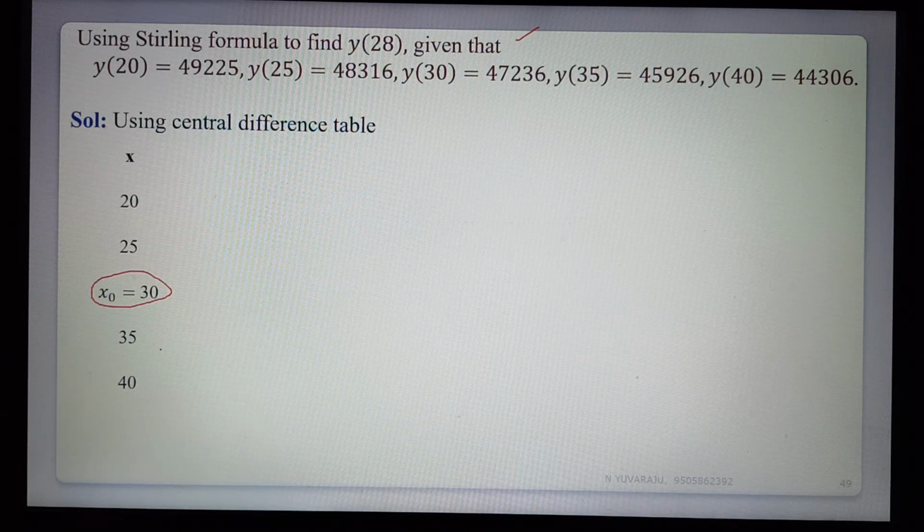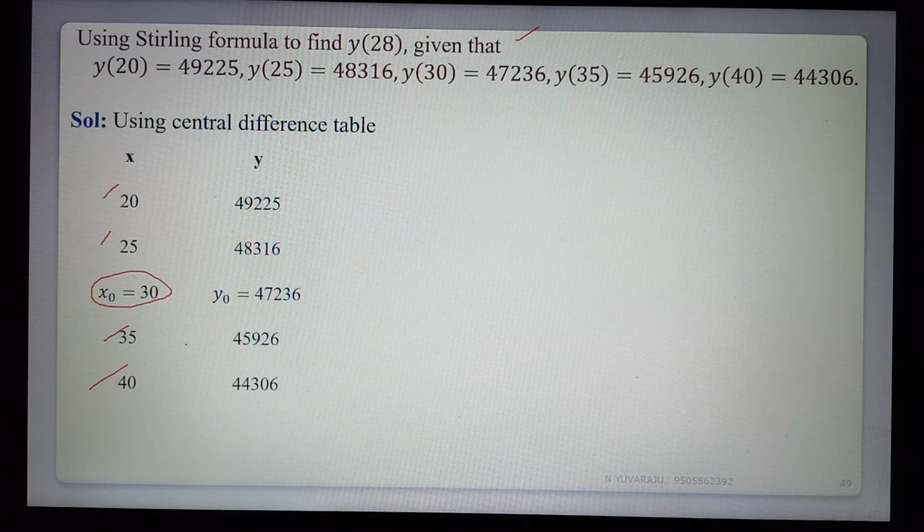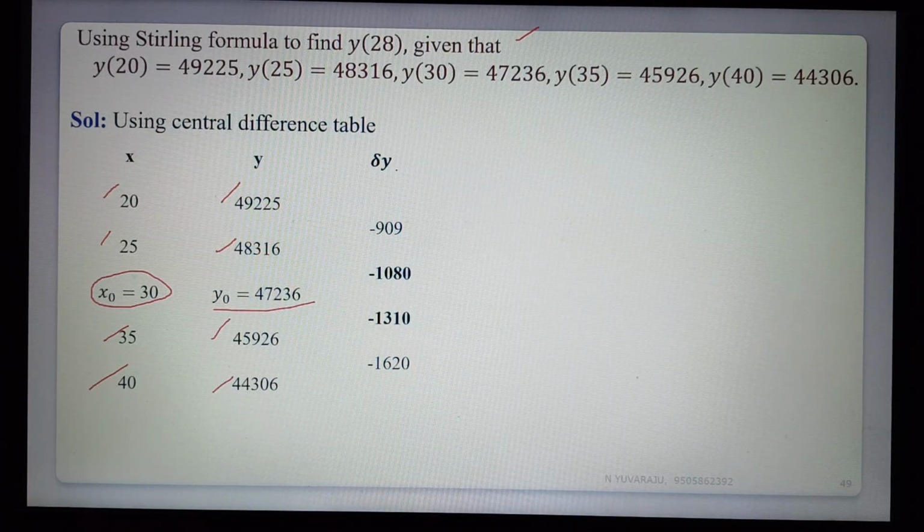Okay. So this is the x naught, this is x minus 1, x minus 2, x1, x2. Next the y values: this is the central point y naught, this is y minus 1, y minus 2, y1, y2. Now first finding the first order, this is the first order delta y.